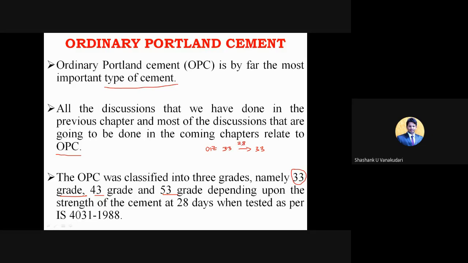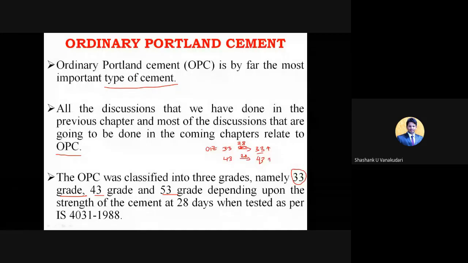So after 28 days of curing, it should achieve strength more than 33 Newton per mm square. Right? Similarly, OPC 43 also. Once it completes 28 days of curing, it should achieve strength more than 43. And similarly 53 grade after 28 days of curing.